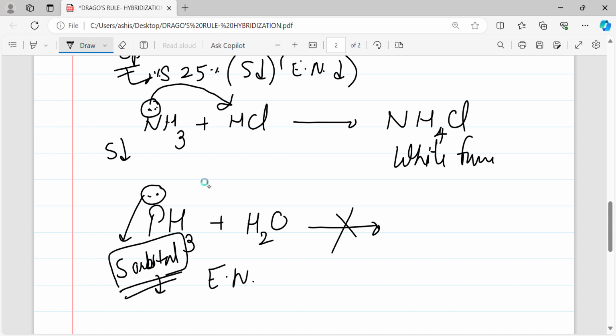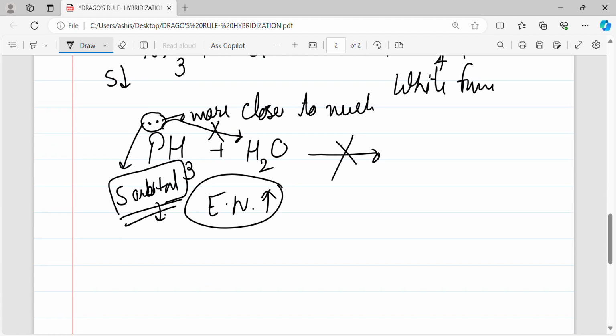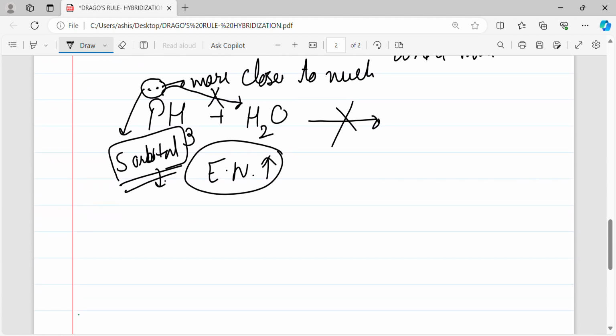It is not soluble in water because its lone pair are present in s orbital, because we are not considering hybridization according to Drago's rule. Since the lone pair are present in s orbital, with 94% s character, electronegativity is more, that's why these lone pair are closer to the nucleus.